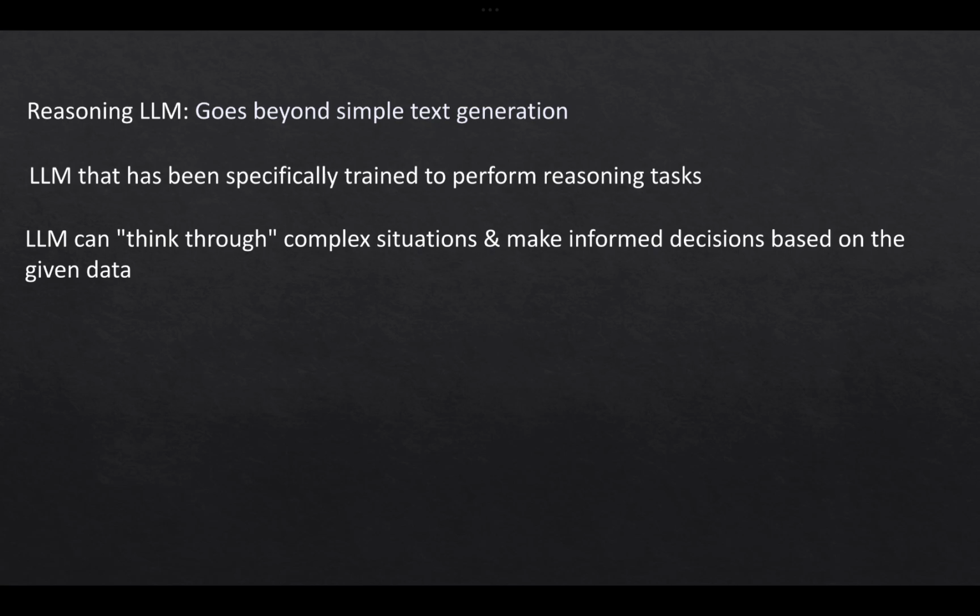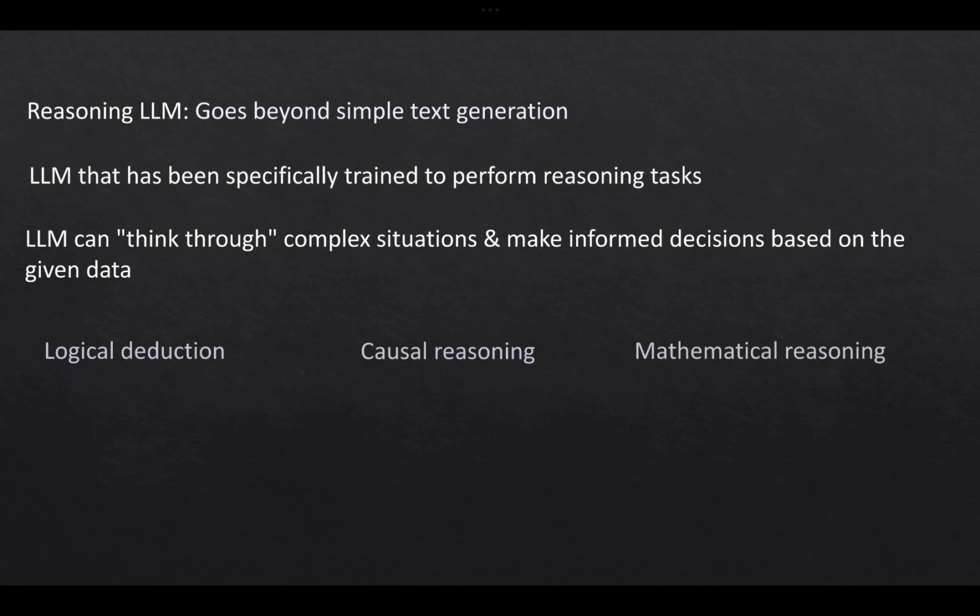Those tasks can differ: some are logical deduction, causal reasoning, and solving complex mathematical problems with the help of mathematical reasoning. This type of task typically requires the model to think in a step-by-step manner, taking a lot of time and reasoning to come up with a justified answer.